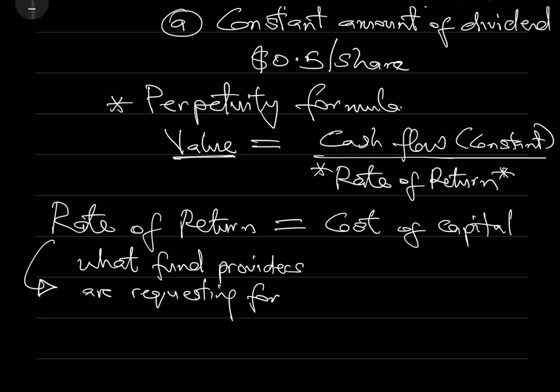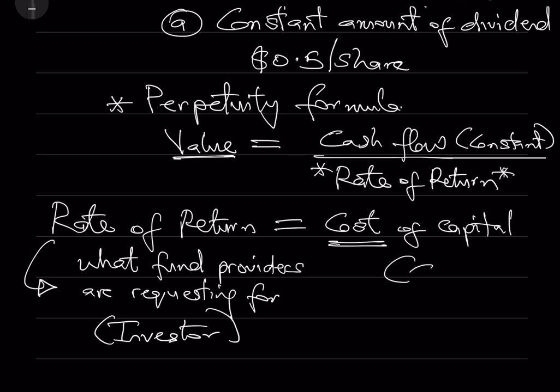If I'm giving you my money, either as an equity holder or as a debt holder, I'll be asking you to pay me something. Whatever I'm asking you to pay me is the return I require. So that is my required rate of return, and this is from the investors' perspective. For the company that is using the money, it's a cost.